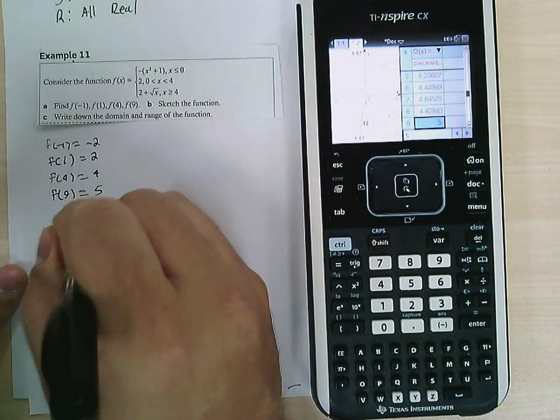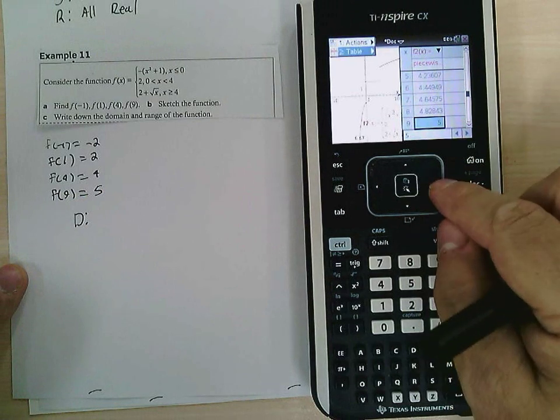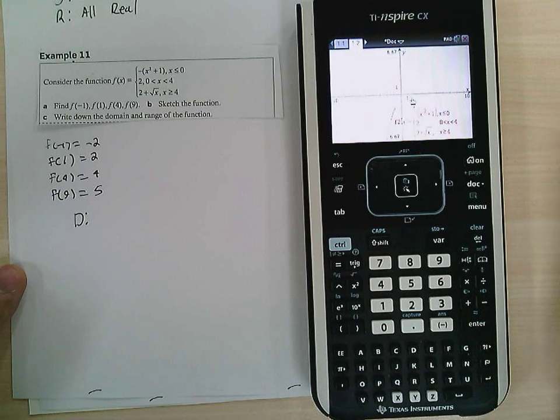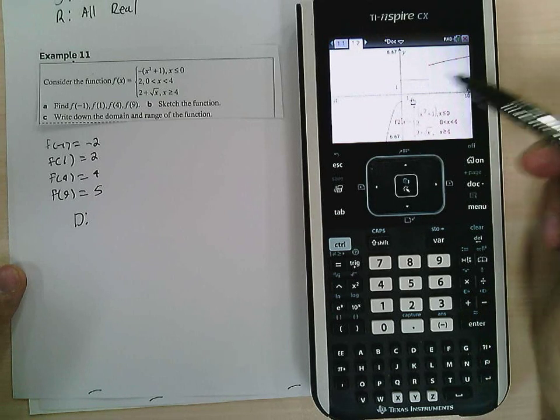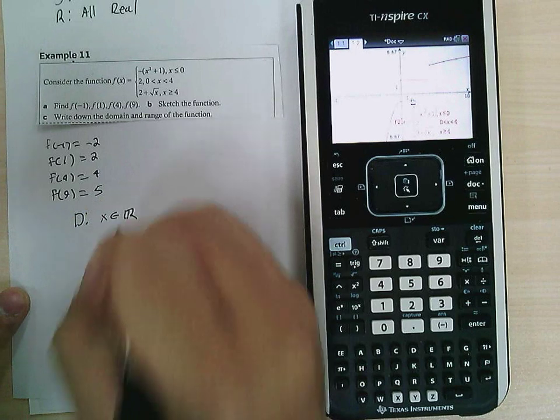Well, for the domain, if I remove the table, you can see everything's in the domain. So x is an element of the real numbers.